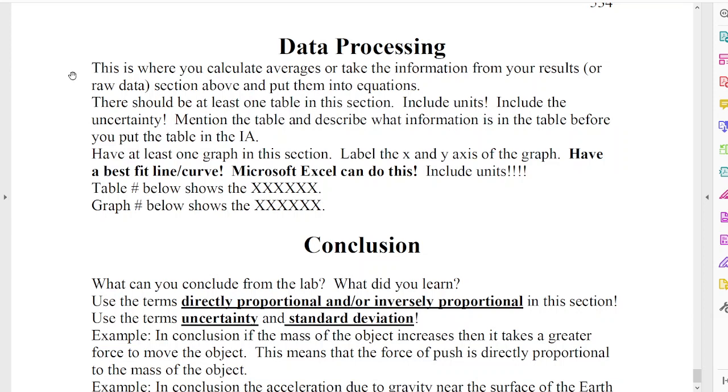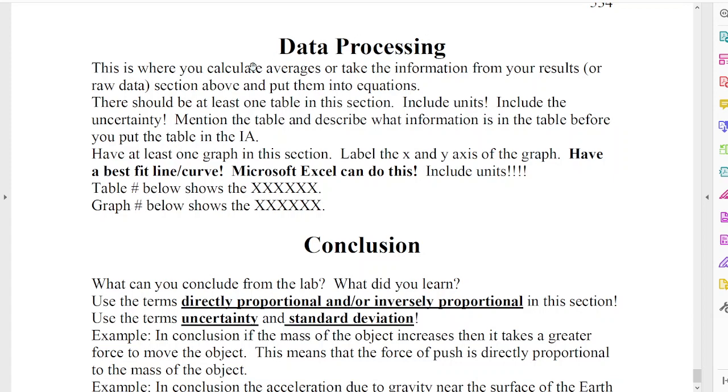Label the X and Y axis of the graph, or the horizontal and vertical. Have a best fit line or curve. Microsoft Excel can draw a best fit line or curve. Make sure you're including units everywhere. So write something like table number 3 below shows the, graph number 2 below shows the, and then have your table, then have your graph.